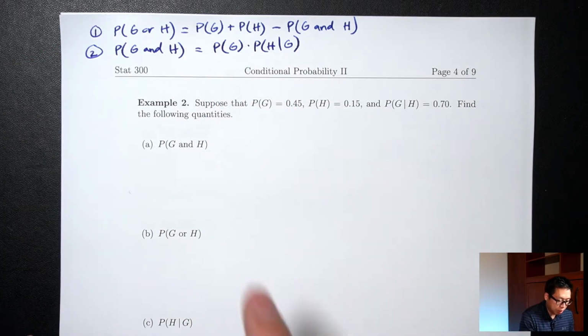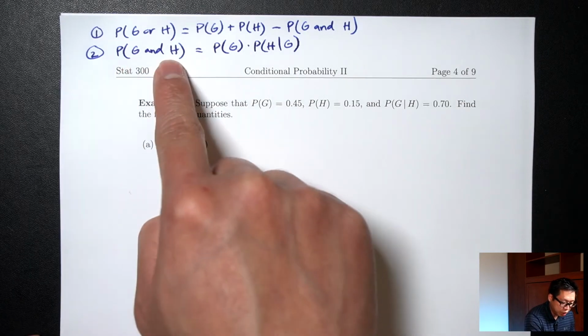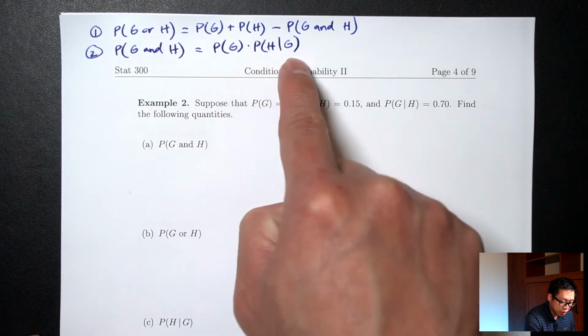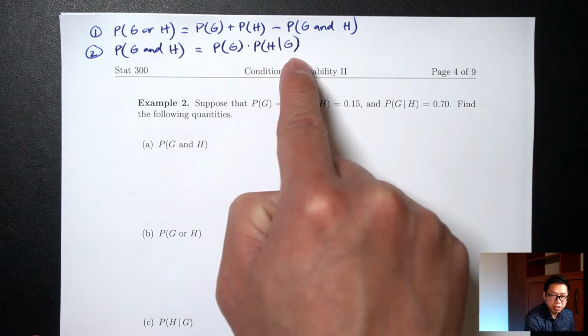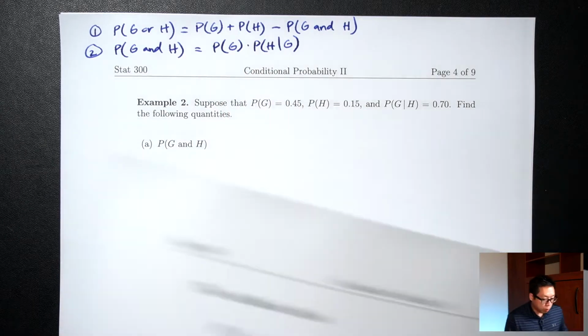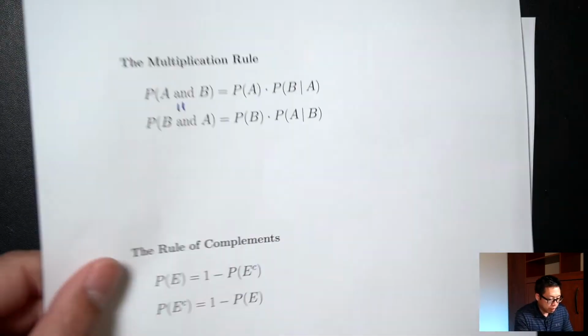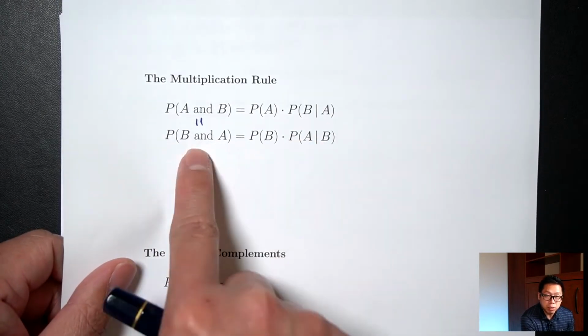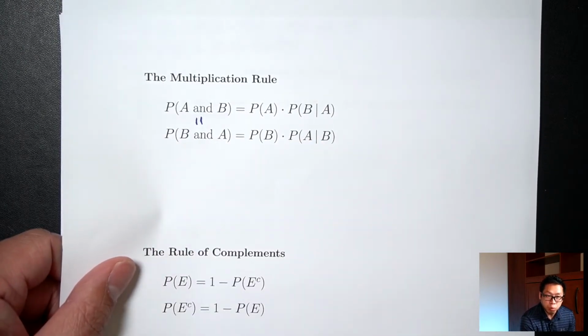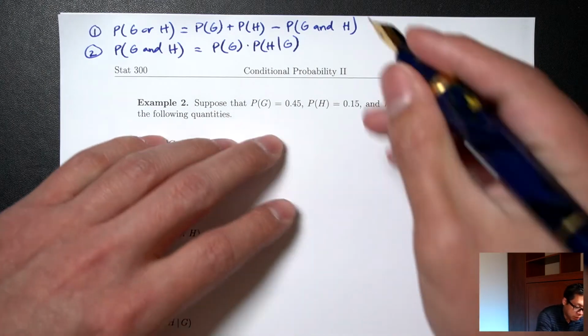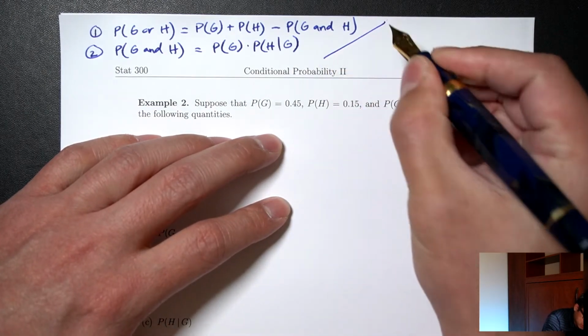So the way I remember it is if I want G and H, then it's going to be G, H, G. So it's going to alternate. G, H, G. And then the third formula that I'll need is going to be the second version of the multiplication rule, where the letters are switched. So the third one I'm going to use is, I'll write that down here.